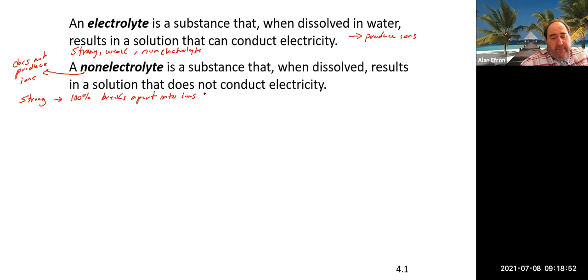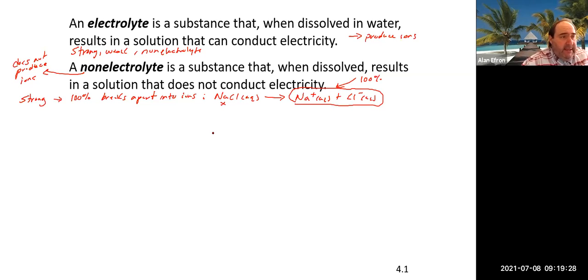For example, in a sodium chloride solution, salt water, you have absolutely no sodium chloride units still together. You have 100% sodium ions floating around and chloride ions floating around.